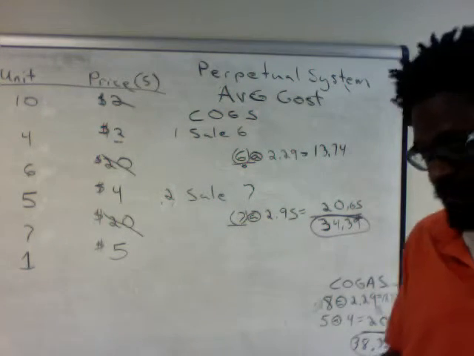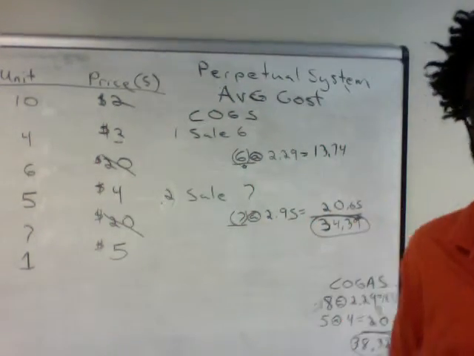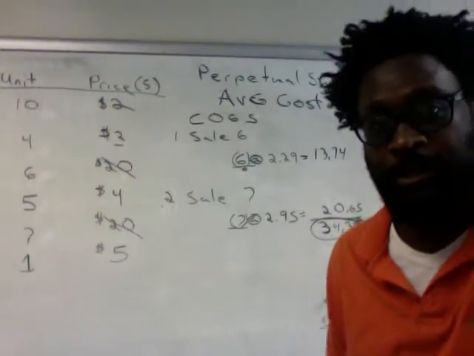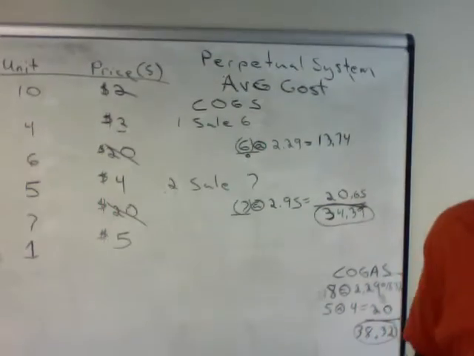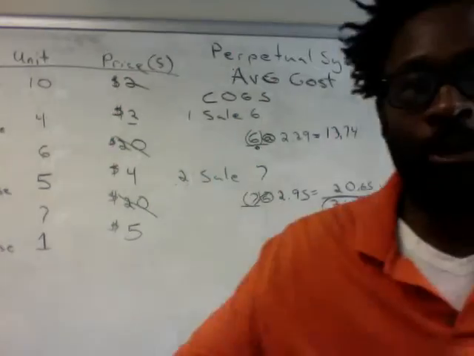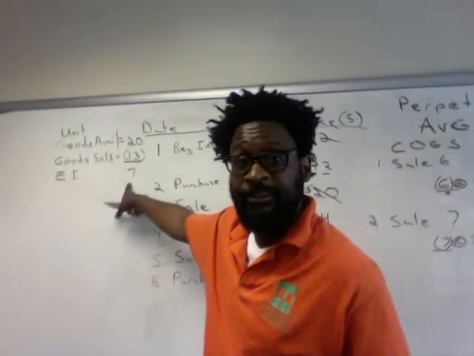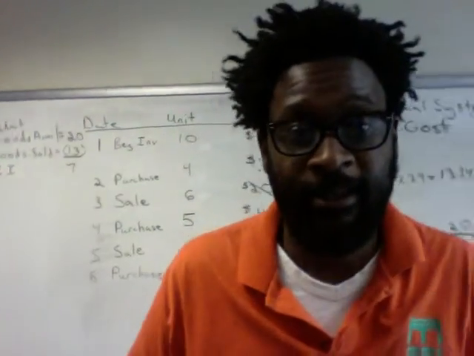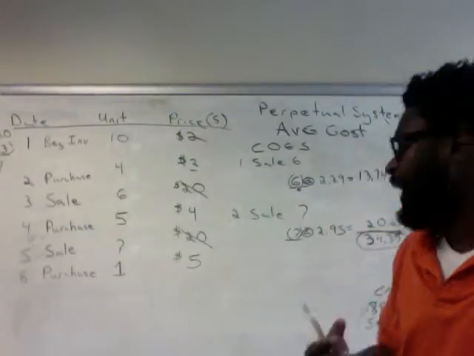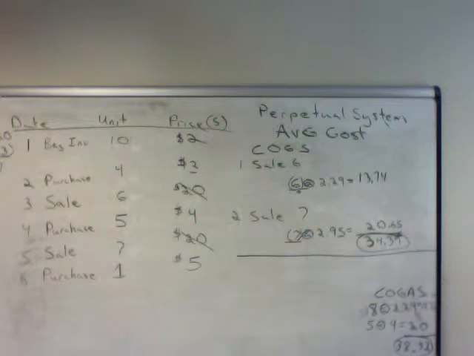Now I have to calculate my cost of ending inventory. Now how will I go about calculating my cost of ending inventory? Well, we still know that we have 7 units left in ending inventory. We still know that. But we have to figure out where it is coming from.